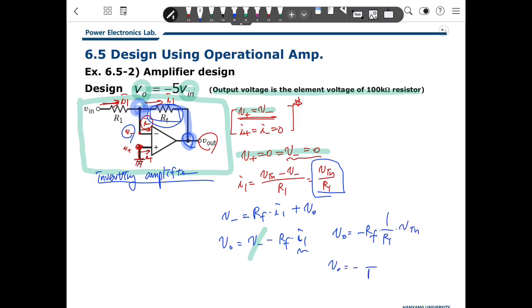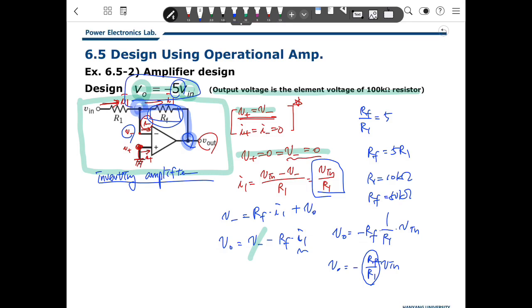Therefore, V out is minus RF over R1 times V in. To make minus 5, RF over R1 is 5, which means RF is 5 R1. So if you decide R1 is 10 kilo ohm, then RF is 50 kilo ohm.